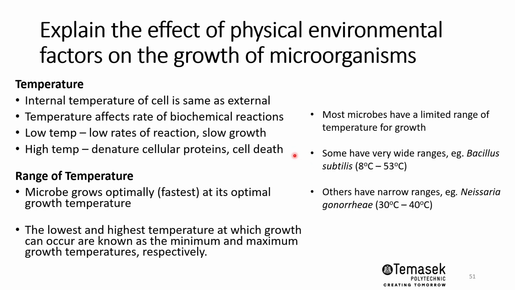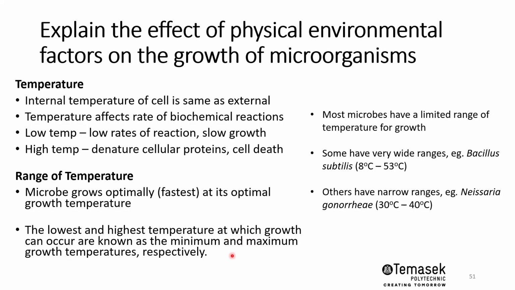The range of temperature required depends on the species. Microbes grow optimally and often fastest at their optimal growth temperature. The lowest and highest temperatures at which growth can occur are known as the minimum and maximum growth temperature, respectively.